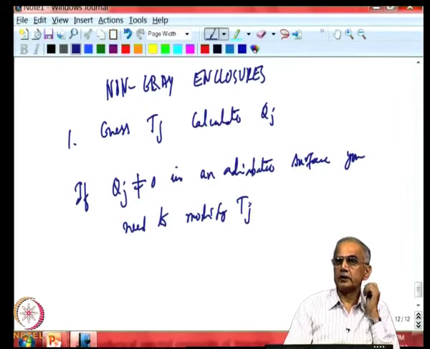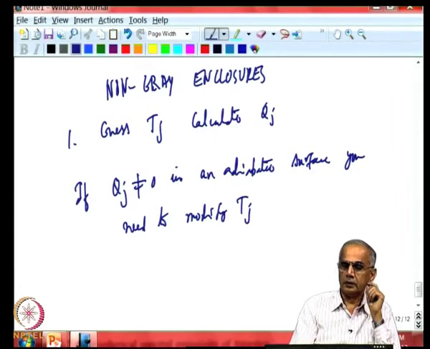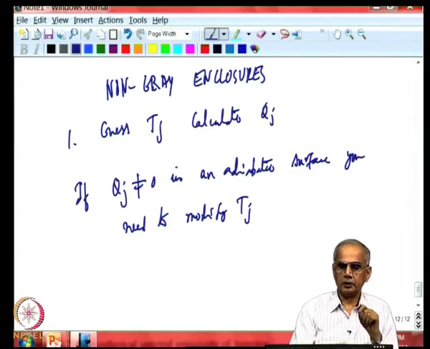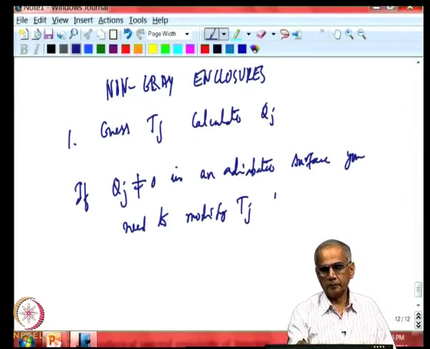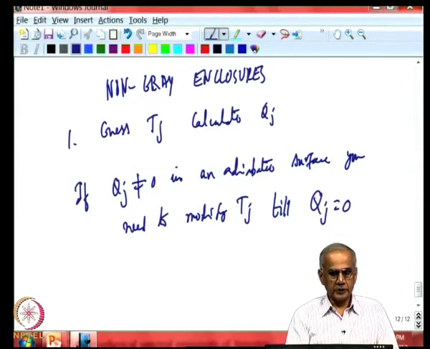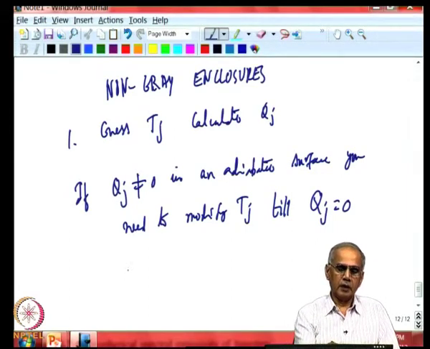So, you go on modifying the temperature until that surface which is adiabatic has Qj equal to 0. So, this is a fairly tedious procedure.